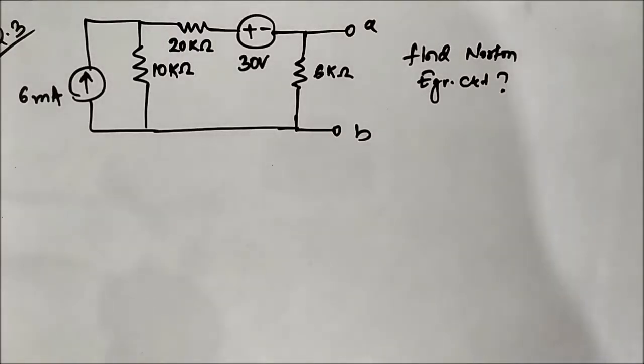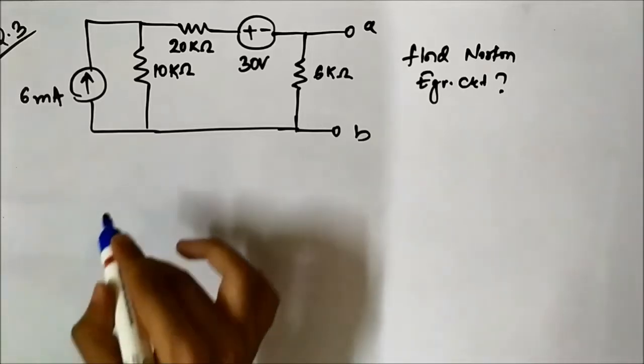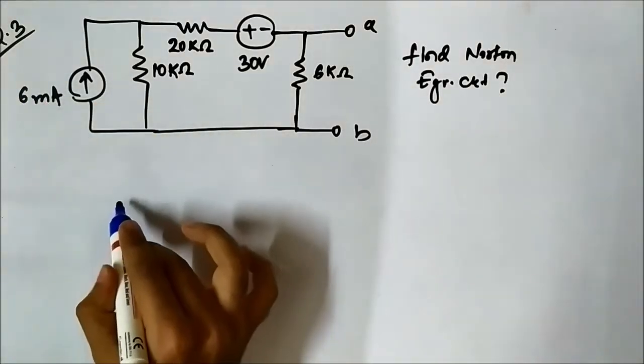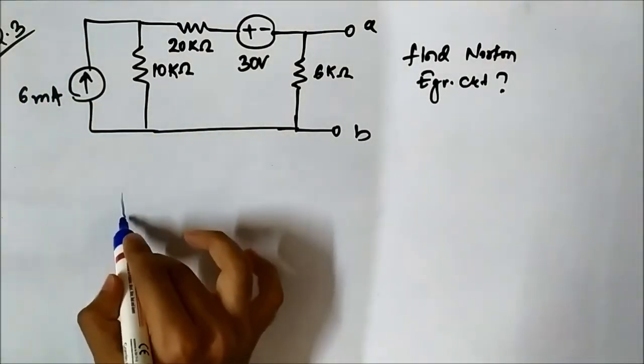We have calculated the Norton's current, which is equal to 1 milliampere. So now we have to find the Norton equivalent resistance deactivating the independent sources. So let us redraw the circuit. So this current source, independent current source, will be open circuited.